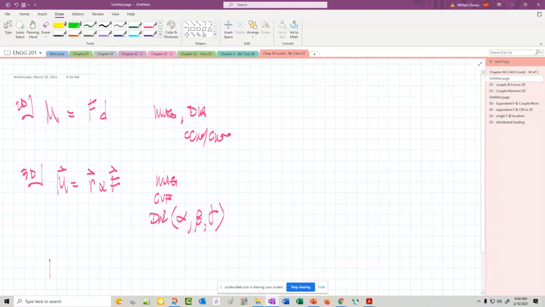Then obviously if we have more than one moment, the moment total is just going to be adding up all those r cross F's, or force times distance, and we find the resultant or total.